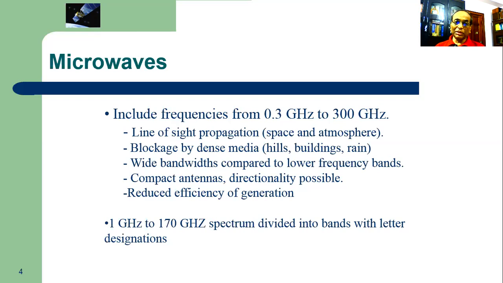And in this frequency range, as we go to higher and higher values, the antenna will be smaller and smaller, because most of the antennas are resonant antennas, so it depends upon the wavelength. As the antenna size is very small and limited, directionality is easily achievable.